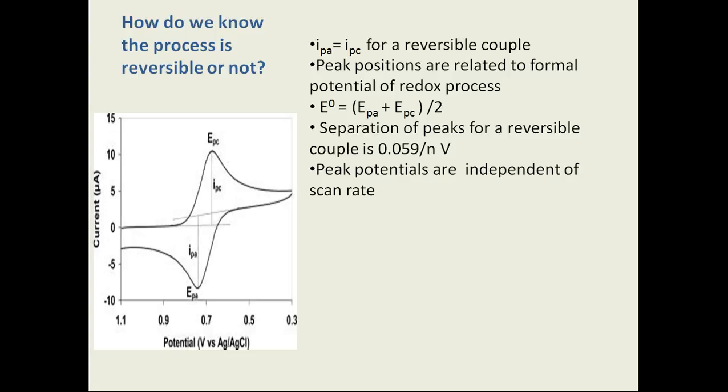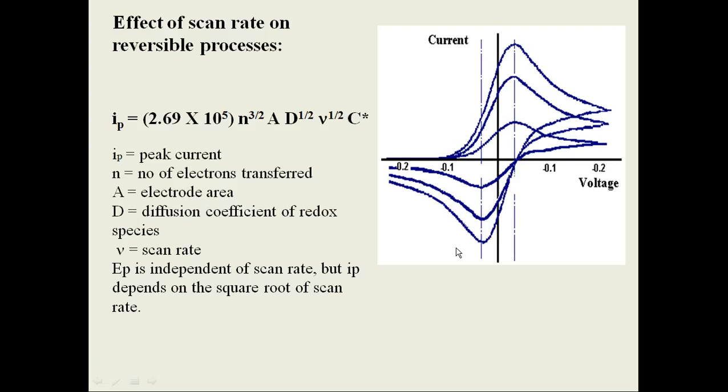Whatever the scan rate, it doesn't matter, the position of EPC will be the same, only IPC or IPA will increase, but EPA and EPC will remain the same for a reversible couple. The position remains the same, just the current increases.